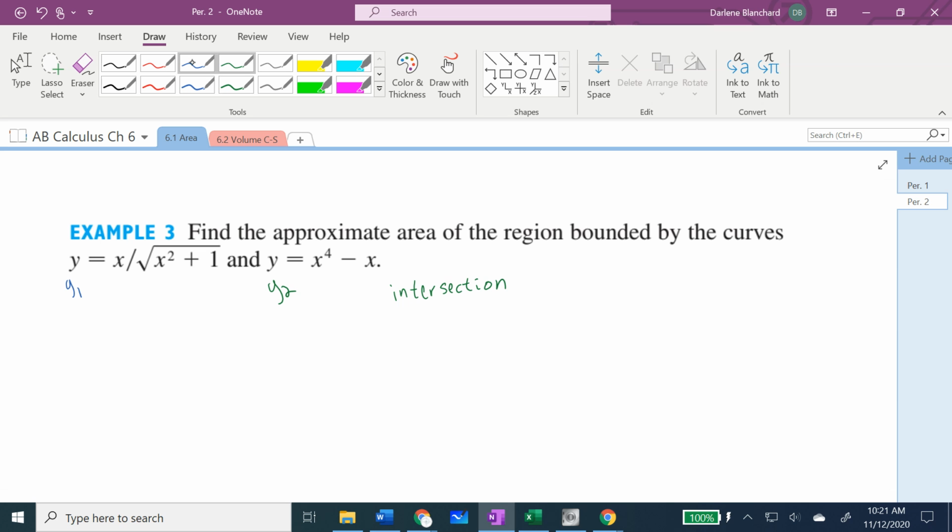They usually will name the functions. So I'll just say they named this one f of x, and they named this one g of x. And you need to tell them that you found the intersection of those two.